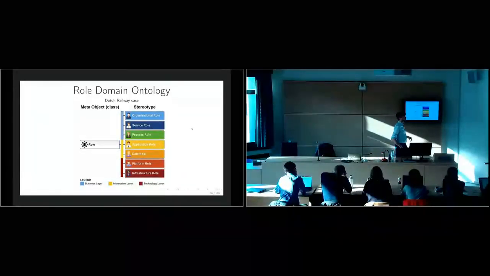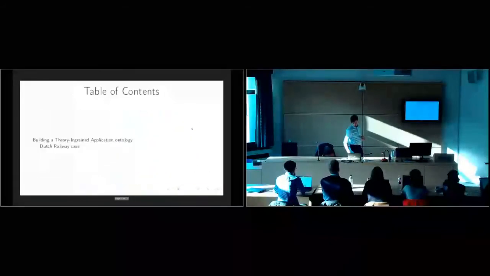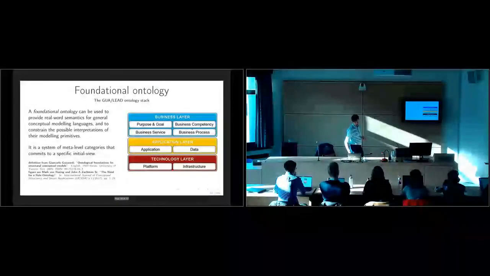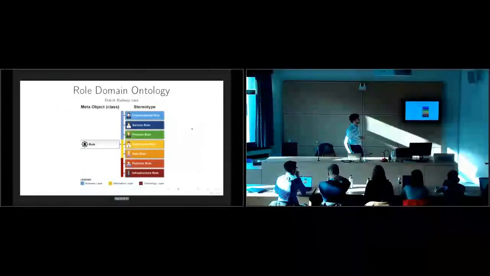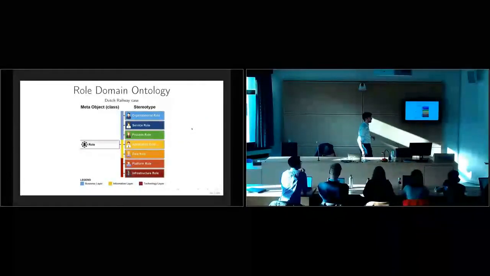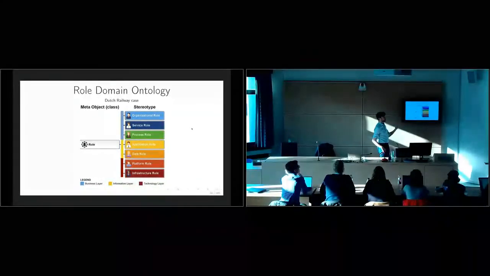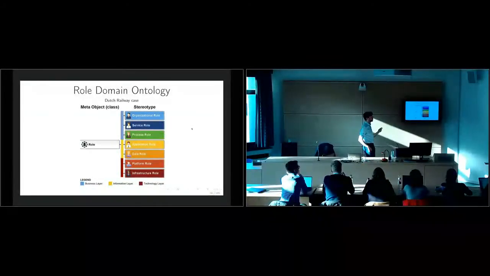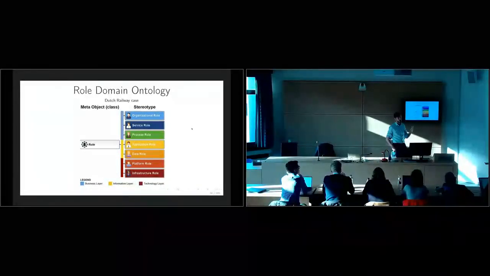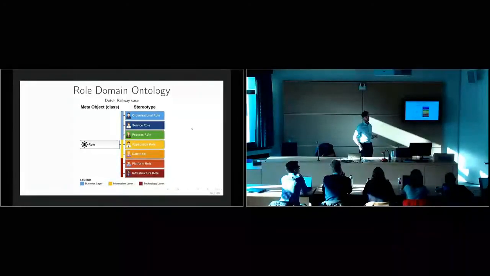In the organizations, we have different levels from our foundation ontology. Here, I actually discovered that for each of the levels in the foundation ontology, you had roles. So you had roles at organizational level, you had roles in services, roles in processes, roles in applications, roles in data, roles in platforms, and roles in our infrastructure.